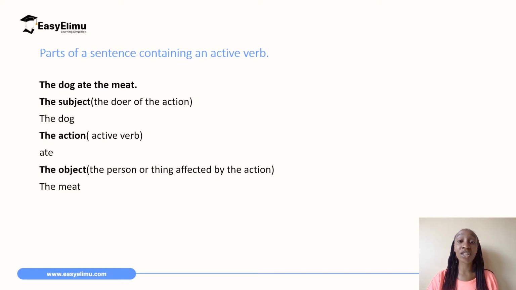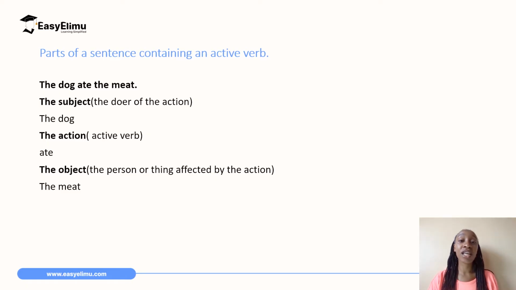And then the action is the verb. The verb in this sentence is ate. So that's the action or the verb. And lastly, the object. It is the person or the thing that is affected by the action that the subject has done. So in other words, affected by the verb.